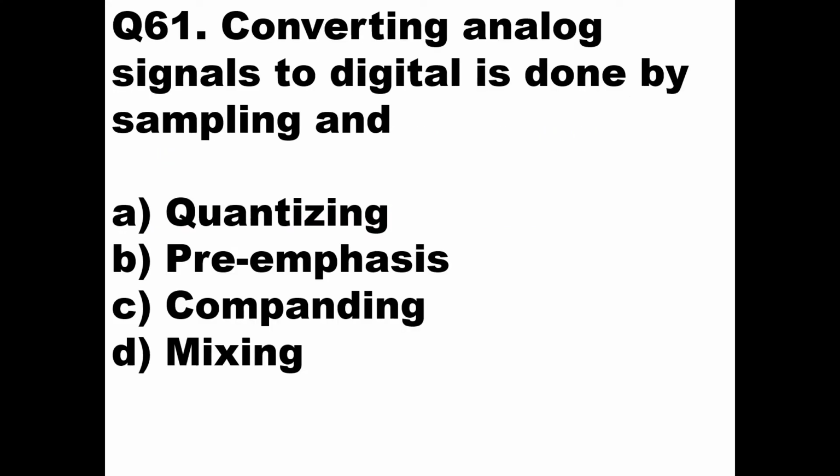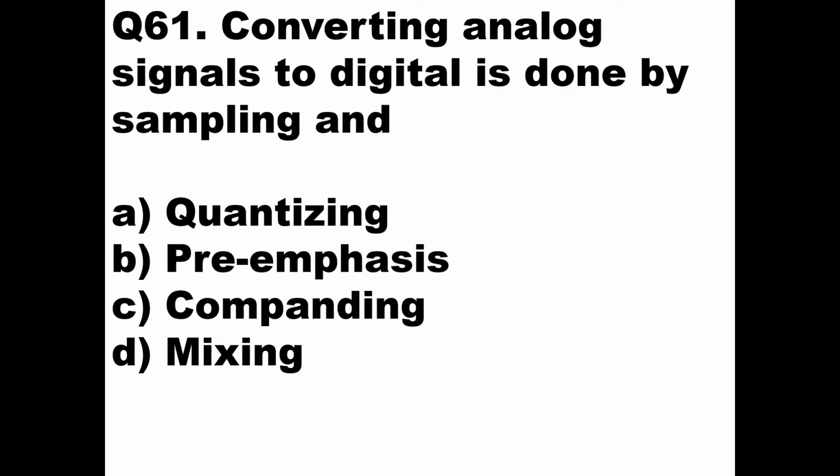The first question, question number 61, says that converting analog signal to digital is done by sampling and which method? Options are quantizing, pre-emphasis, companding and mixing. We always know that whenever we use a PCM system and convert analog signal to digital, first we make samples of that analog signal and then every sample is superimposed on a quantizing level.